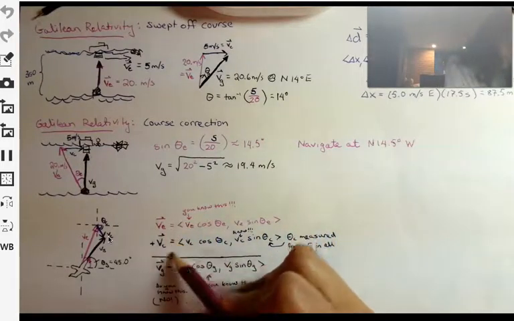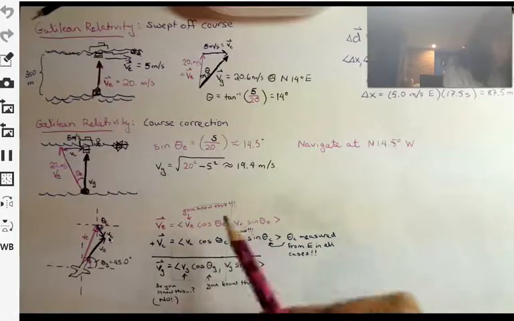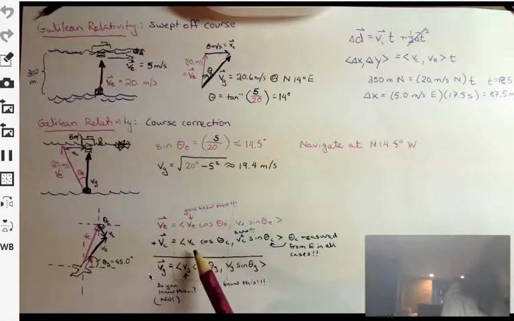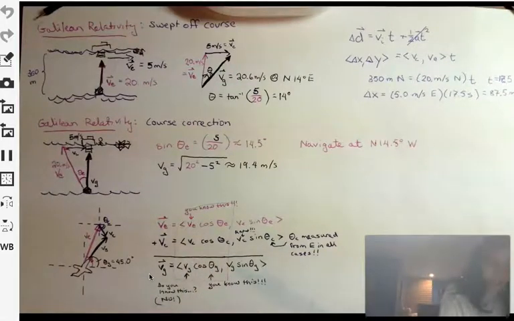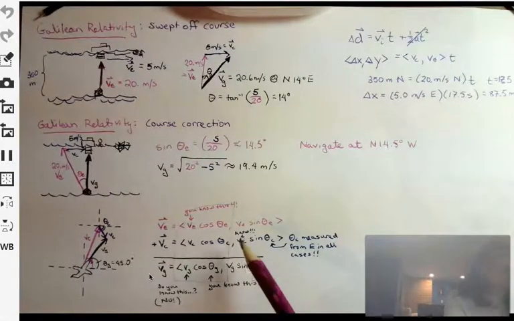That means you just put a box around this equation. You have 170 cosine theta plus some nasty number you already have. It's a decimal, equals 0. Beautiful. Solve for theta.